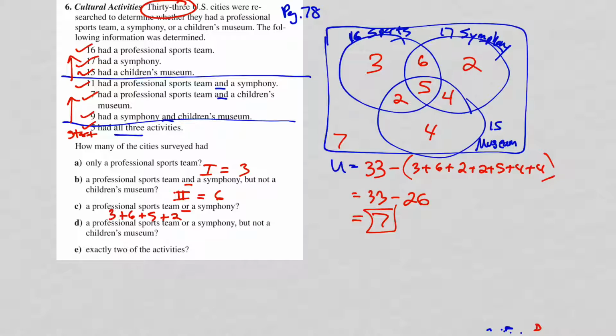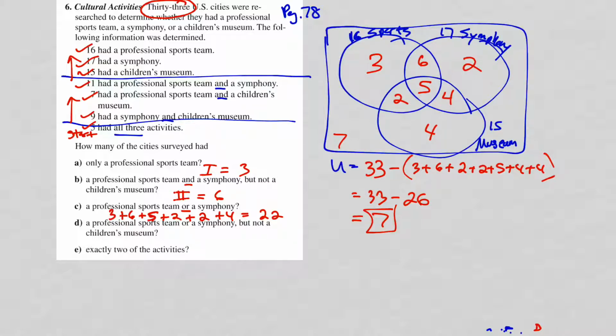And then we're going to add up the symphony regions that we haven't already written down, which is going to be 2 again and a 4. Okay, so the total is going to be 22.